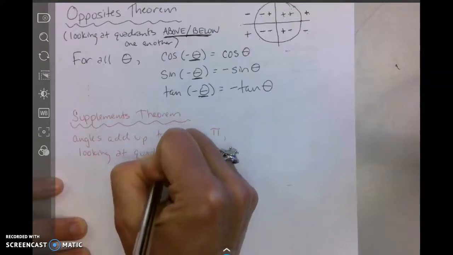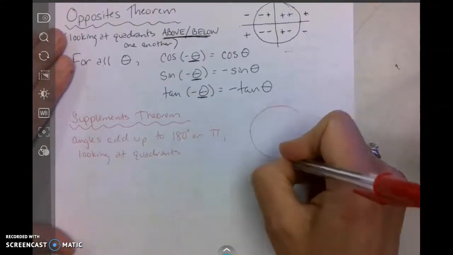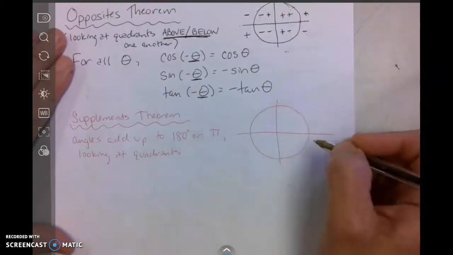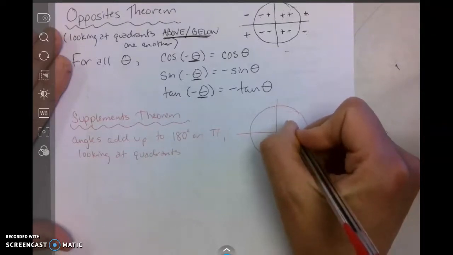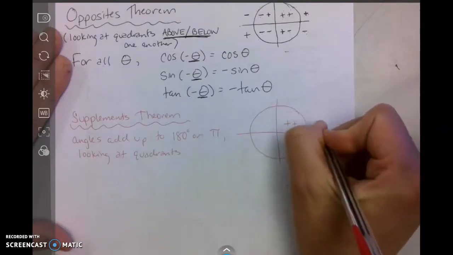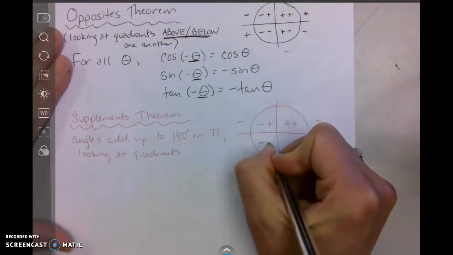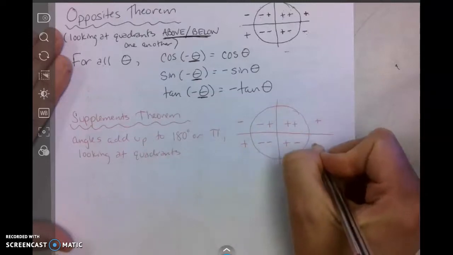Let's see what quadrants we would be looking at for this. Okay, well, first of all, let's go ahead and do our signs again. Positive, positive, which makes positive, negative, positive, negative, negative, negative, positive, positive, negative, negative.